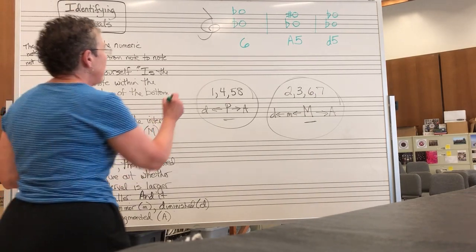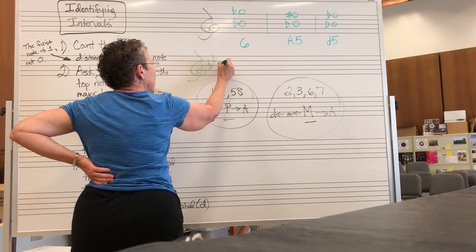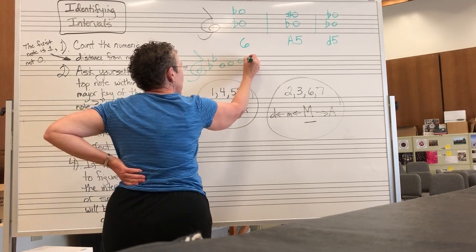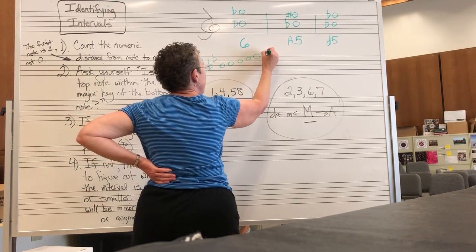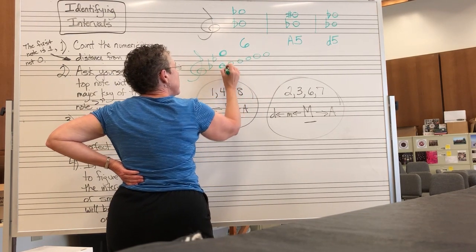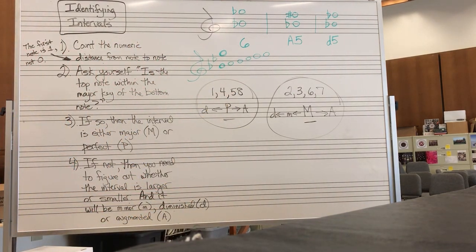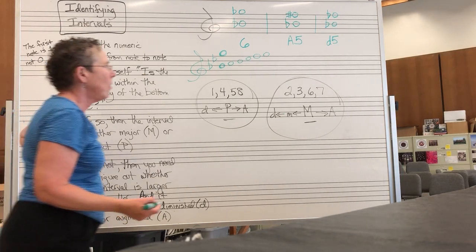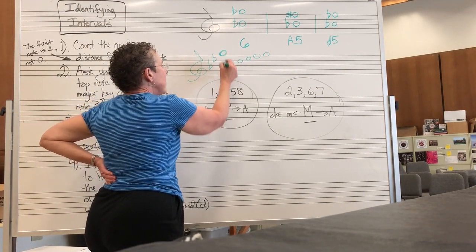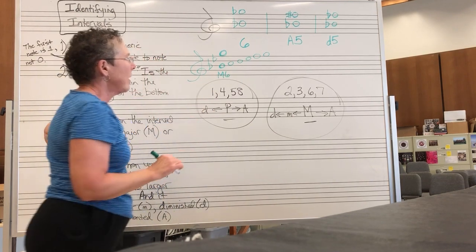Now I decided that I'm in my B flat major scale, and it goes B flat, C, D, E flat, F, G. G natural is the sixth that happens in the key of B flat. So if it was B flat to G natural, it would be a major sixth.